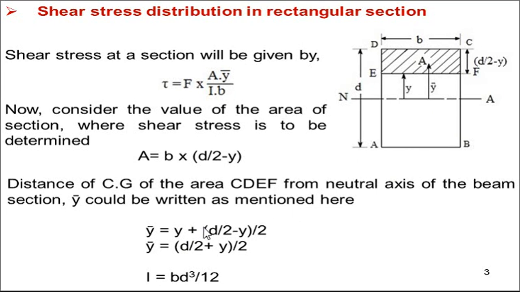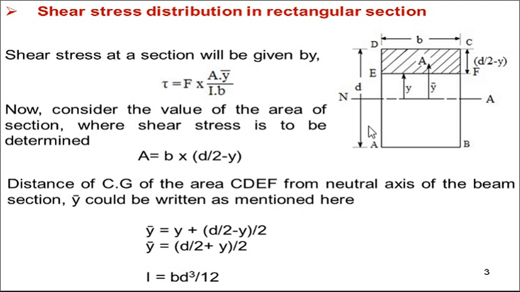So y plus (D by 2 minus y) divided by 2. So we can reach the CG from the neutral axis. This y bar is the distance of the CG from the neutral axis, and from the geometry itself you can easily determine these values.